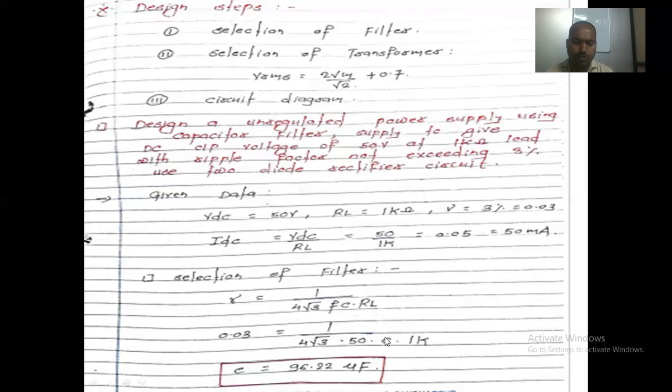Now calculate this: 4 into root 3 into 50 into 1k. 1k indicates 1000, so write it as 1000. So 4 into root 3 into 50 into 1000.